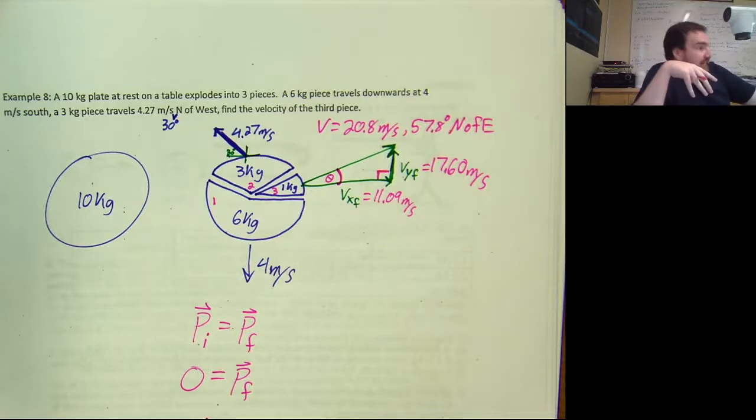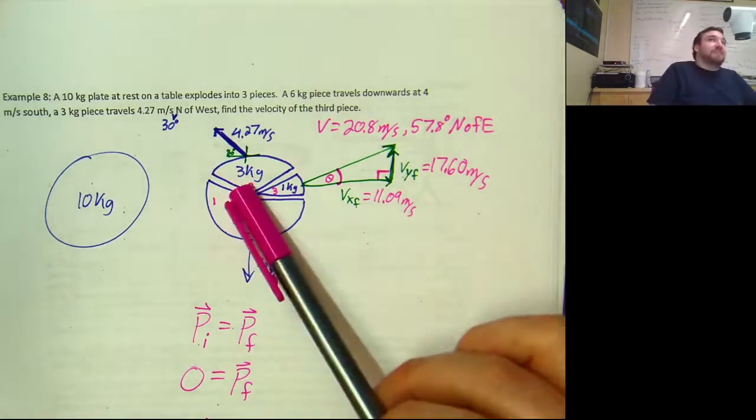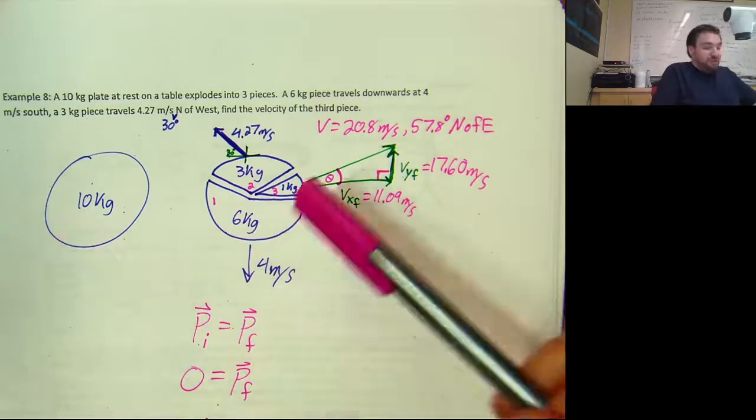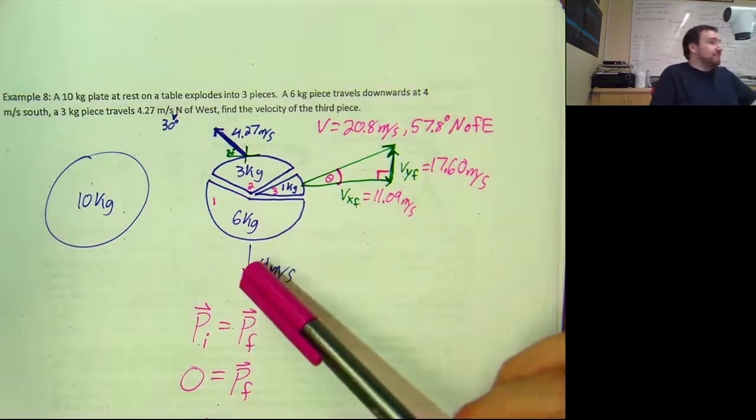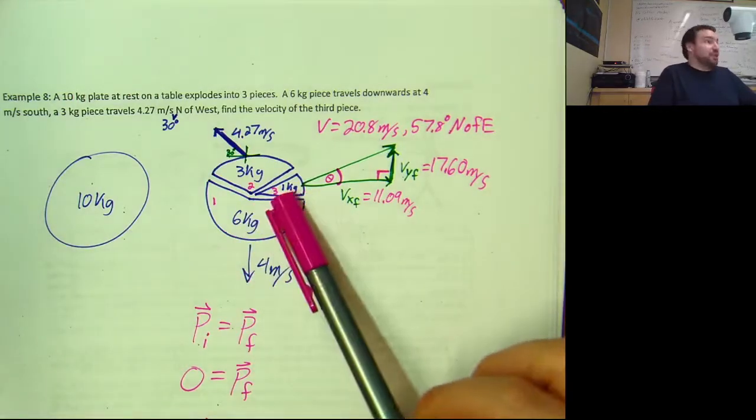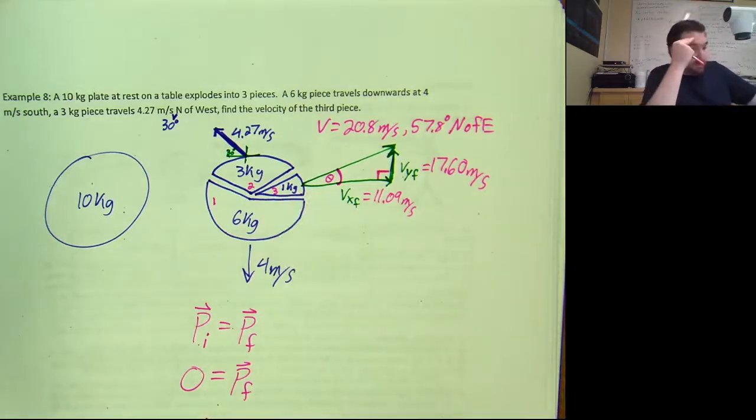So we can already see the beginnings of how you could theoretically design an explosive to launch smaller pieces in a direction with a much, much higher velocity. If we could design this plate to break along these lines consistently, you could manufacture something that would shoot 1 kilogram pieces of metal at 20.8 meters per second.